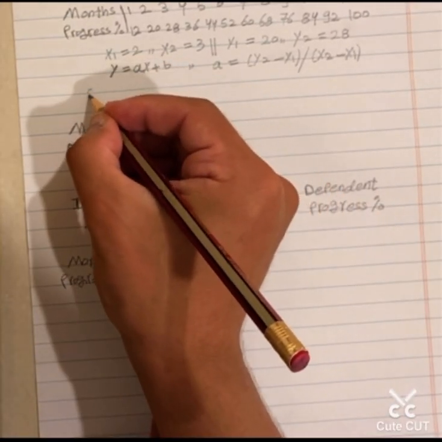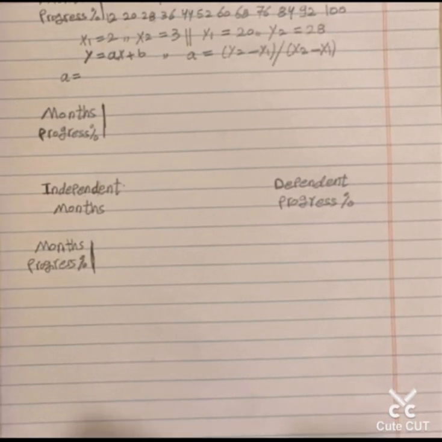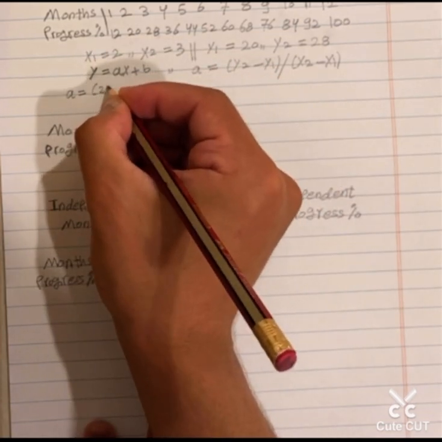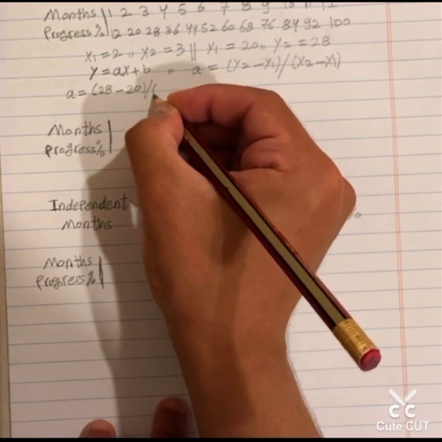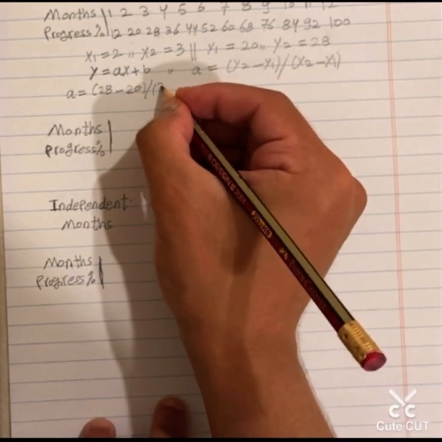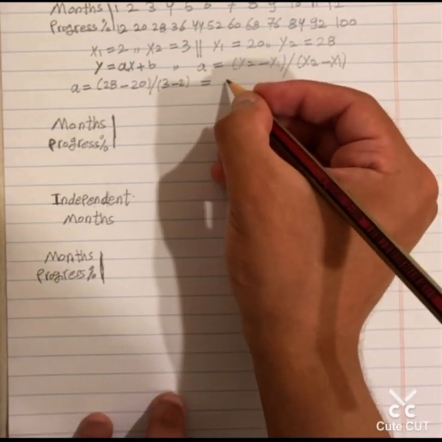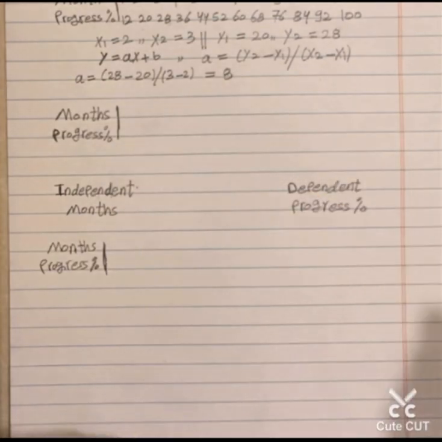So a will equal 28 minus 20 divided by 3 minus 2. If you calculate it, it will be 8 divided by 1, which is 8.